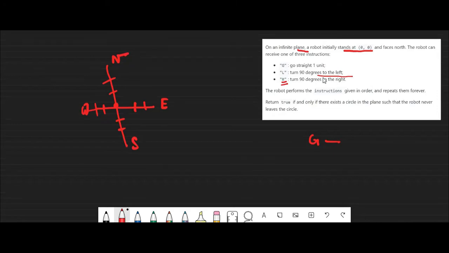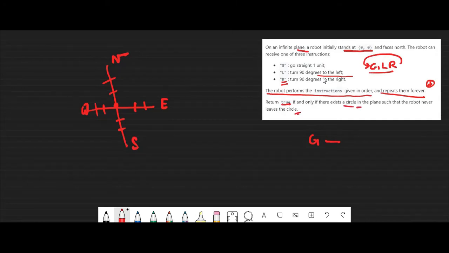Concentrate on this line. The robot performs the instructions given in order and repeats them forever. Meaning, suppose an instruction like GLR is given, in that case it will be repeated in an infinite pattern. So we have to return true if and only if there exists a circle in the plane such that the robot never leaves the circle.